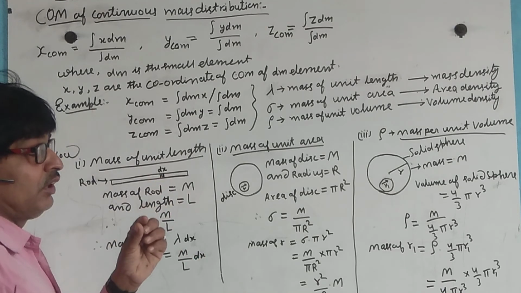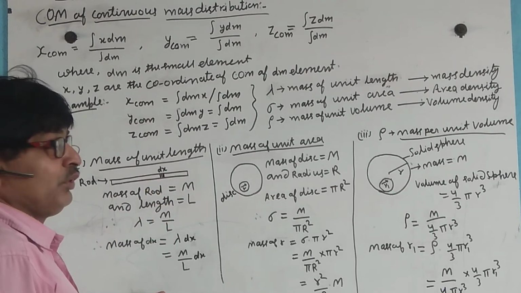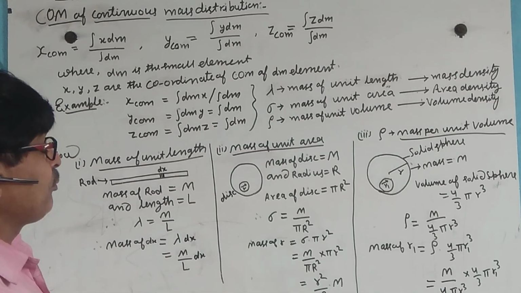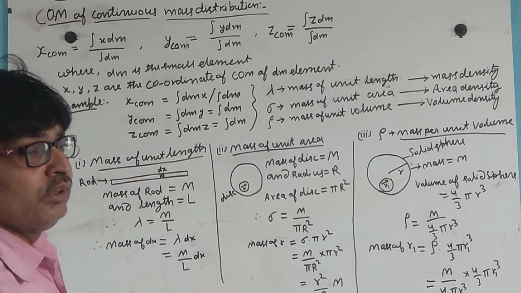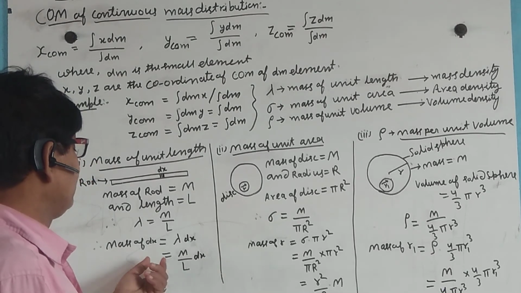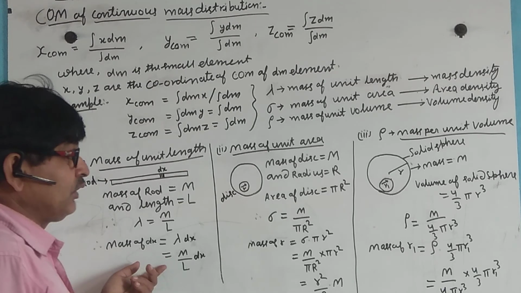We take such a small element because we have to calculate the total center of mass, in which we integrate from the lower to the upper limit. For this purpose, we write such situations.